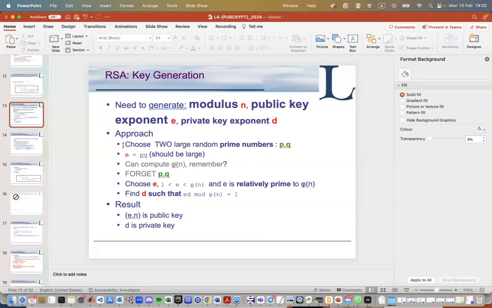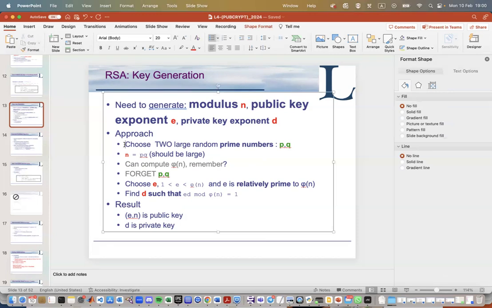It says that you start key generation with choosing two large prime numbers, and then you choose E to be relatively prime to the multiplication p minus 1 times q minus 1. This is used to compute phi of n.